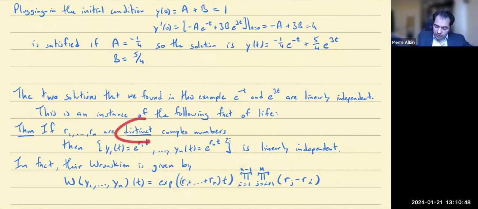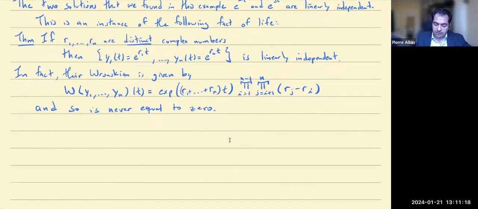And because the numbers are all distinct, these differences never vanish, and so the Wronskian is never equal to 0. We saw last time that if you plug a linearly dependent set of functions into the Wronskian, you get 0. So since we didn't get 0, they must not be linearly dependent.